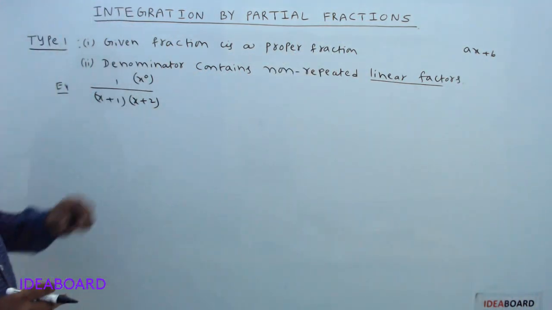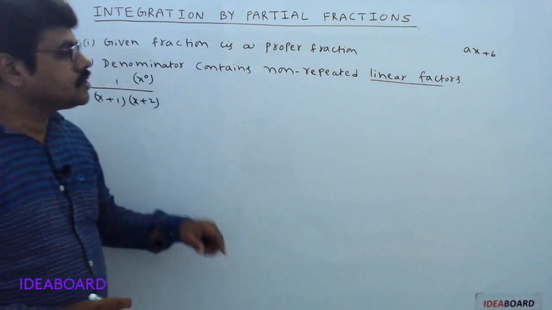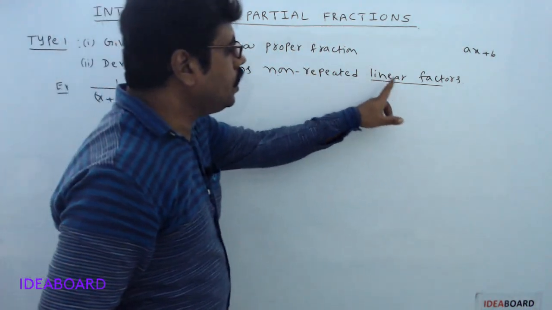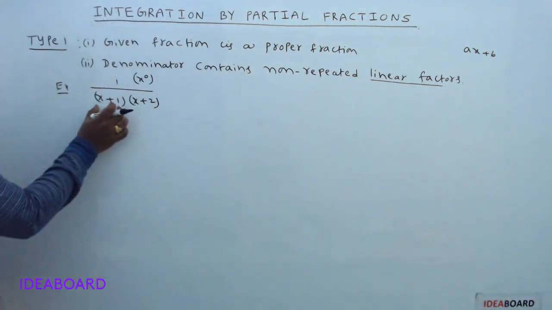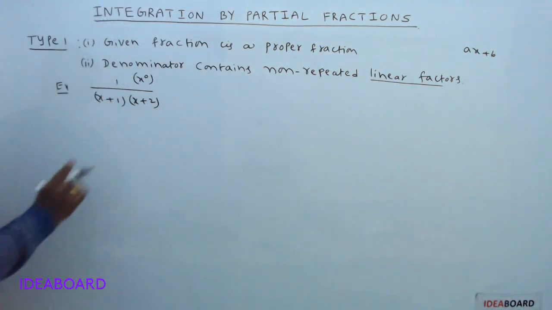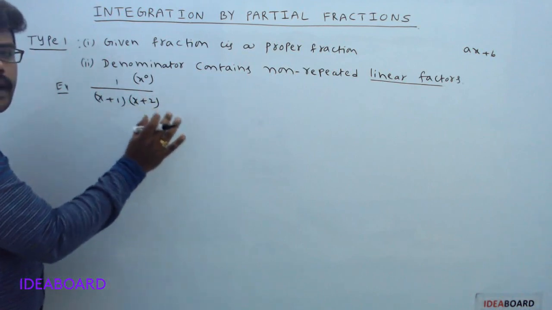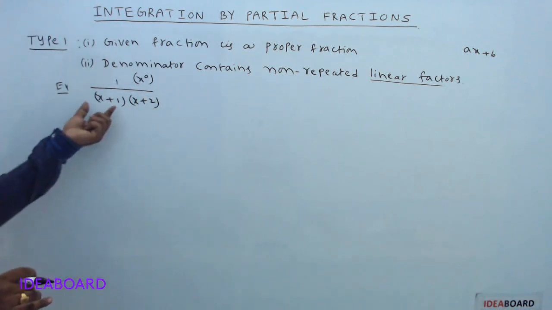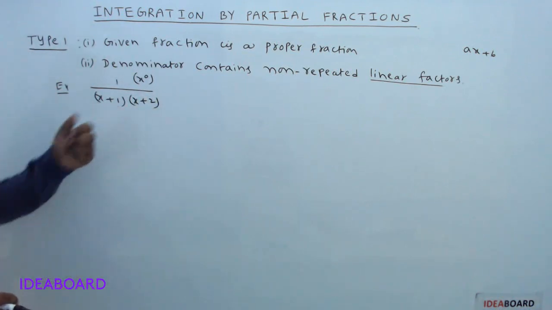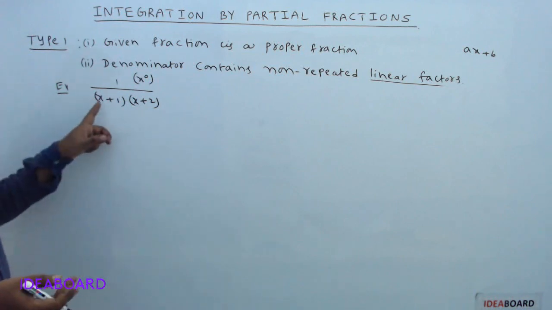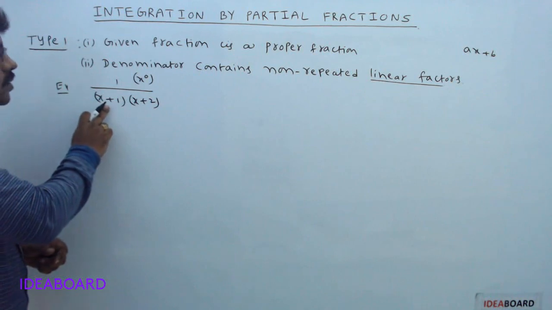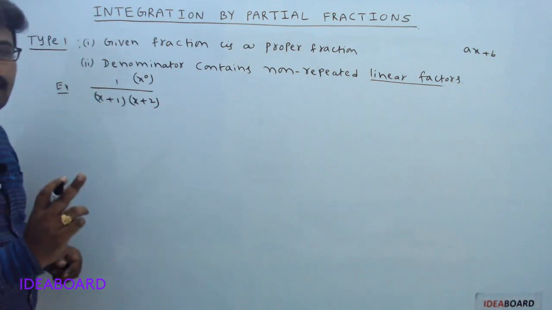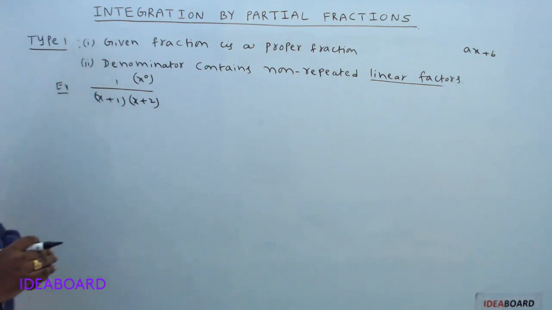Then come to the second condition. Denominator contains non-repeated linear factors. Now, x plus 1 is a linear factor. x plus 2 is a linear factor. Now, in the denominator, is this linear factor repeated anywhere? No. So this x plus 1 is called a non-repeated linear factor.